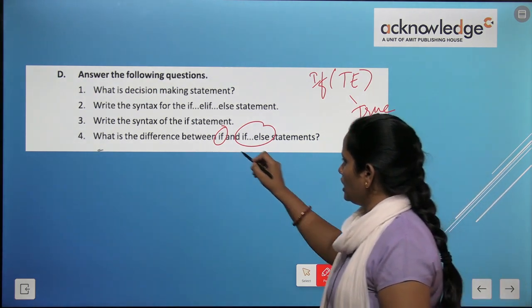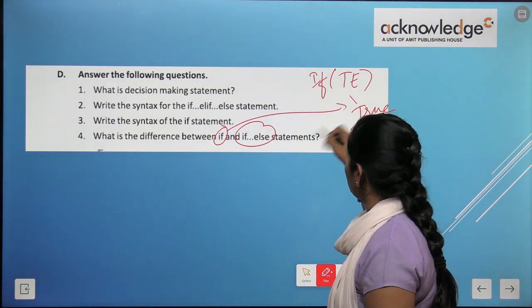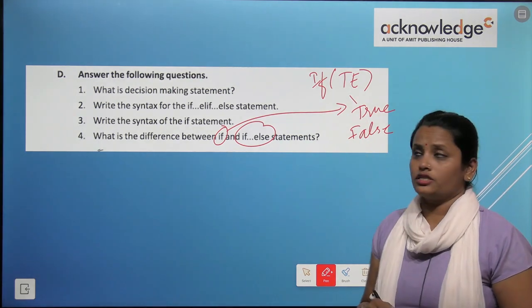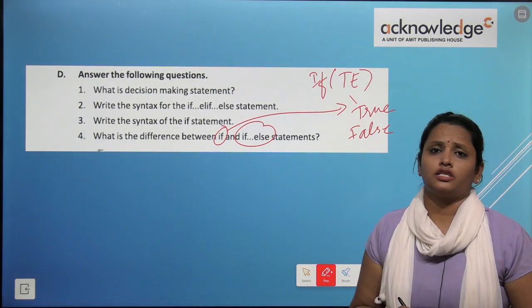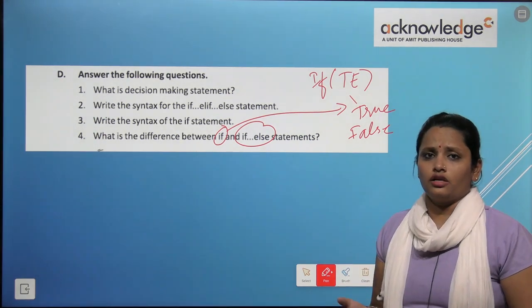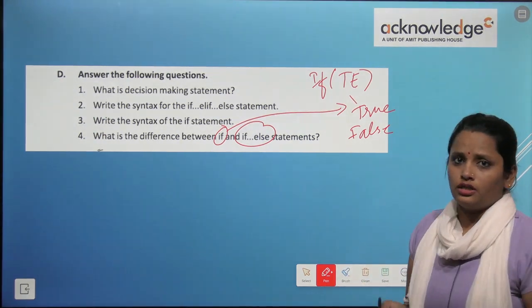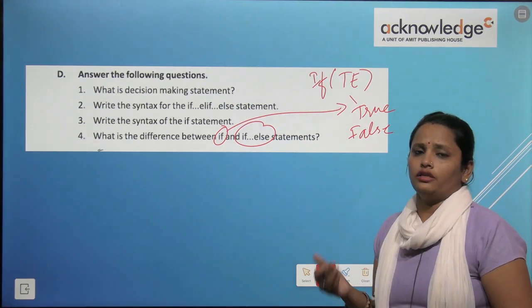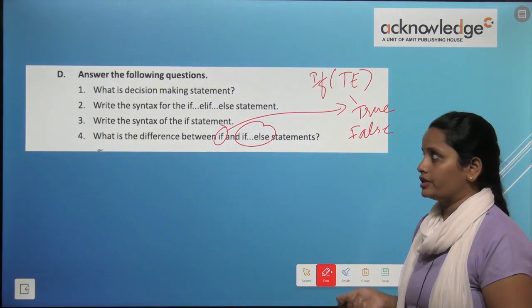Next is, what is the difference between if and if-else statement? In if, there is only one condition, and if the condition is true, then the answer will be executed, and if it is false, it will be left like that only, and the next statement will be evaluated.